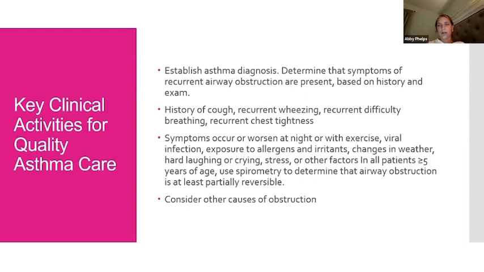You want to look at their history of cough, recurrent wheezing, recurrent difficulty breathing, and recurrent chest tightness. Symptoms occur or worsen at night or with exercise, viral infection, exposure to allergens and irritants, changes in weather, hard laughing or crying, stress, or other factors.